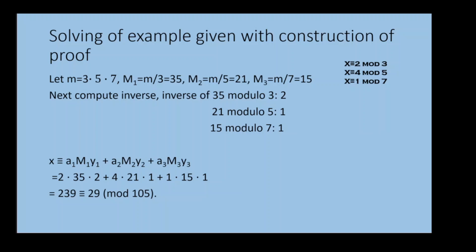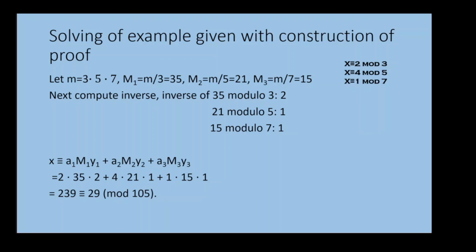Therefore, x is congruent to a_1 M_1 y_1 plus a_2 multiplied by M_2 multiplied by y_2 plus a_3 multiplied by M_3 multiplied by y_3, which is equal to the product of 2, 35 and 2 plus the product of 4 and 21 plus the product of 1, 15 and 1, which is equal to 239, and is congruent to 29 mod 105.